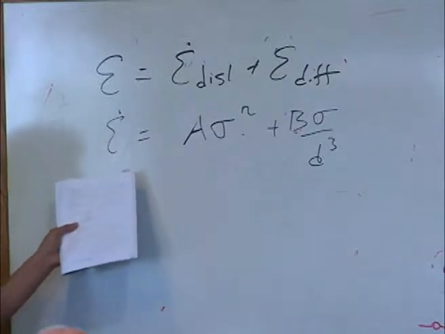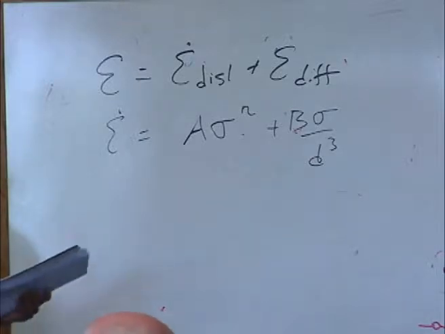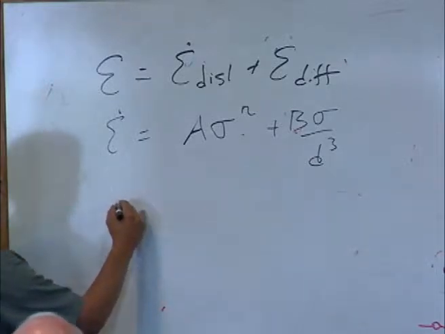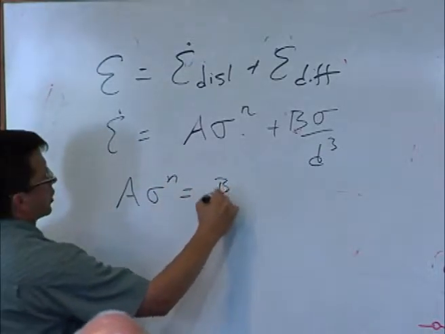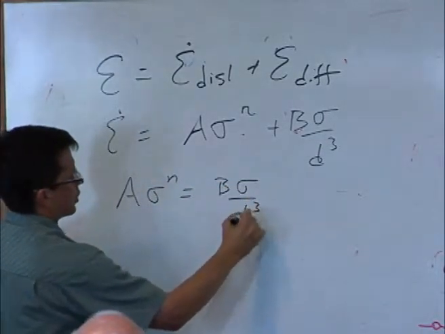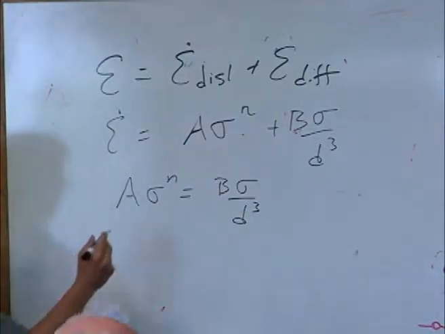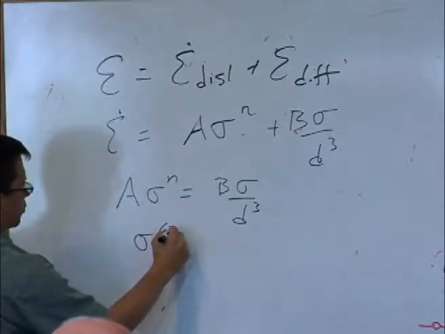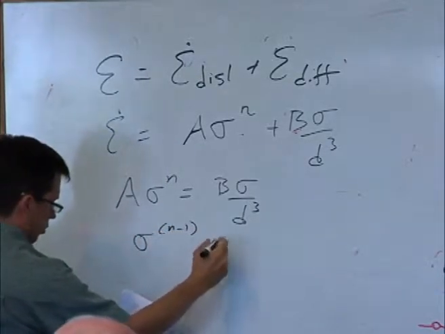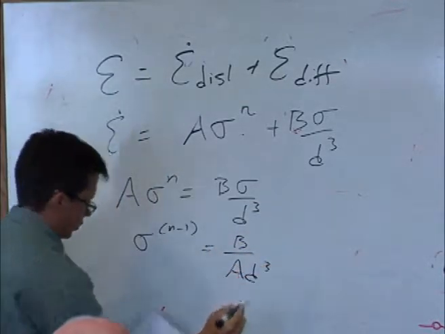If I want a line that separates the fields where the strain rates are equal, all I have to do is say A stress to the n equals B stress over d cubed. Right? So stress to the n minus 1 equals B over A times d cubed.